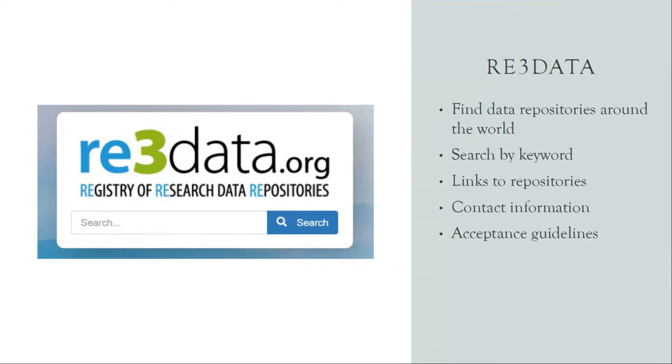So re3data.org is the Registry of Research Data Repositories, and it includes links to repositories, the disciplinary types of data accepted, formats accepted, and other important information. And most importantly, it takes you to the data repository. If you're someone who's looking for open data sets that you might share with a class, this is a way to get to some of those. If you're looking for some data, this could be a good place to start.